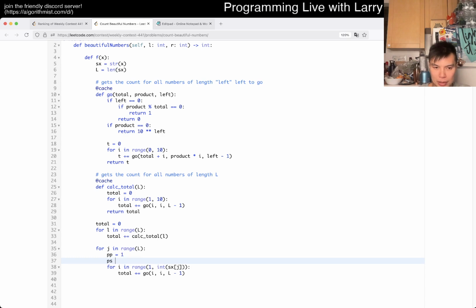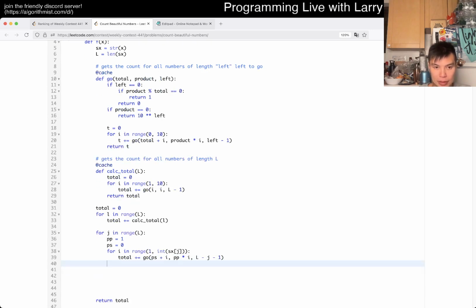Prefix sum is going to be 0. So then, yeah, it does this thing, which is PP times this, and PS plus this. And it's not L, it's L minus j minus 1.